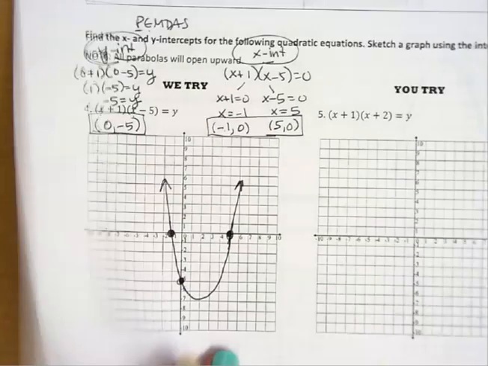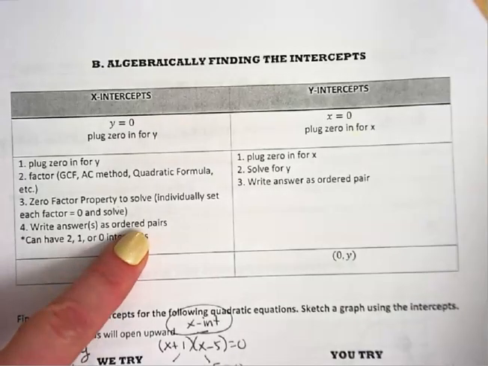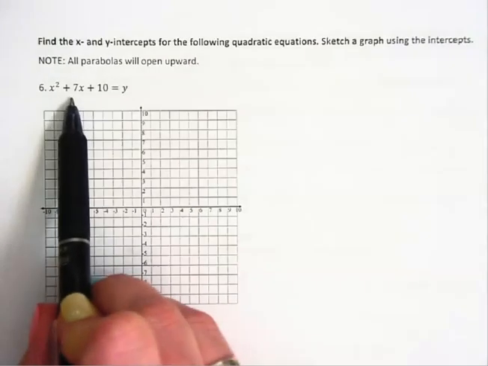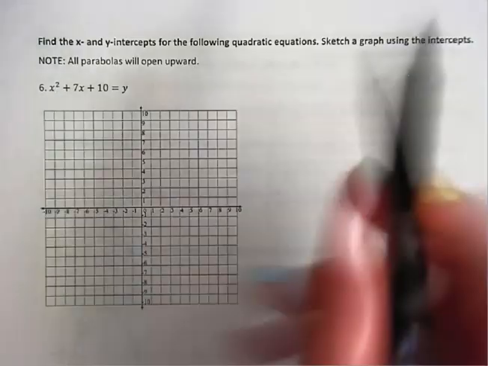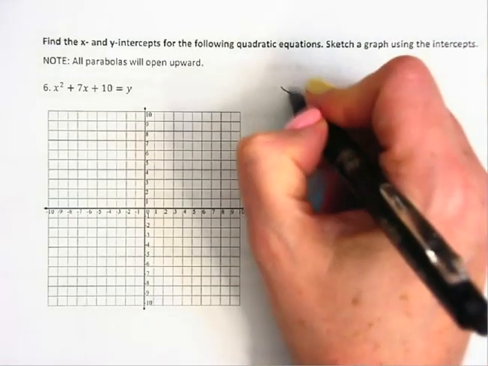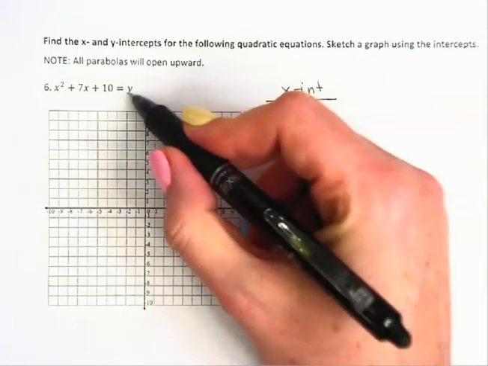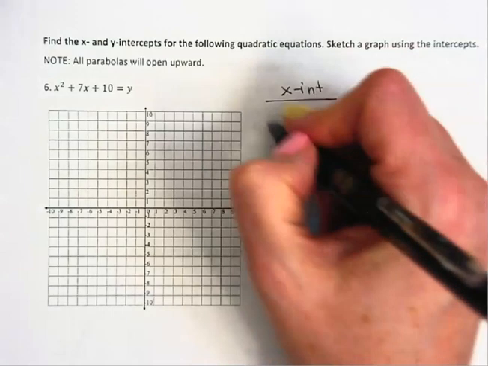All right, let's look at the next problem type. We're going to be following these same steps over here. And you'll notice this one's not already factored. So we're going to have to end up doing that ourselves. So for x-intercept, we start by putting 0 in for the y.